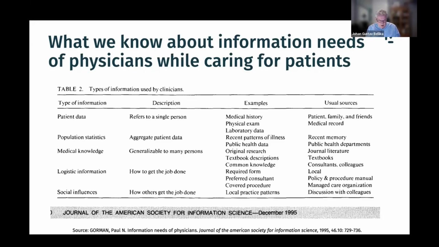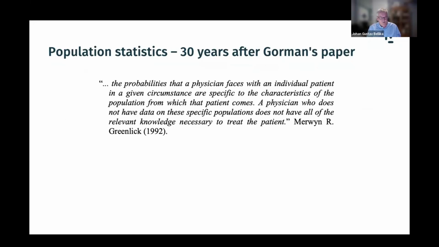There are other classifications of information need, but I like this one the most. This was published 30 years ago, but I don't think we have moved very far in some of these areas. So I will go into these areas one by one, except the patient data, of course.